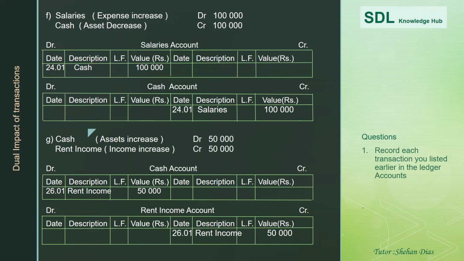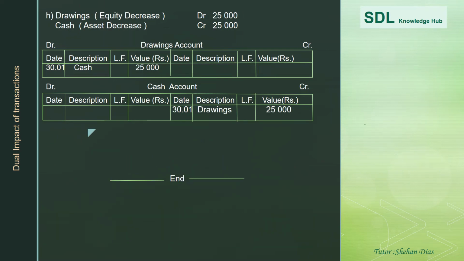So increase in income is credit based on double entry principle. And cash also increases by 50,000. So asset increase is a debit based on double entry principle. So rent income account credit for 50,000 and cash account debit for 50,000.